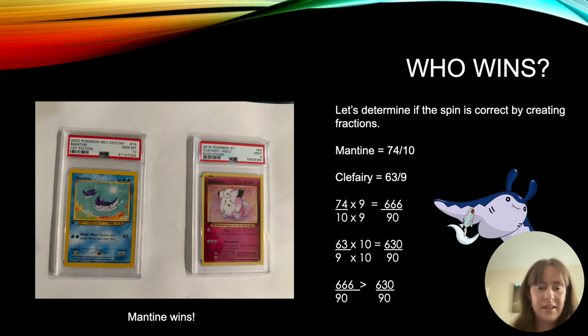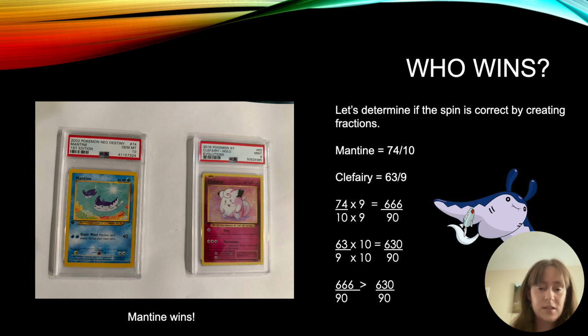So up here we have 10 times 9, and the reason why we're doing the 9 here and the 10 here is because we want to get 90 as the common denominator because 9 times 10 is 90. So that's why in this fraction we're going to do 10 times 9, and whatever you do at the bottom, you do the top. So now here is 74 times 9, 666 over 90, and then we have 63 over 9 times 10.